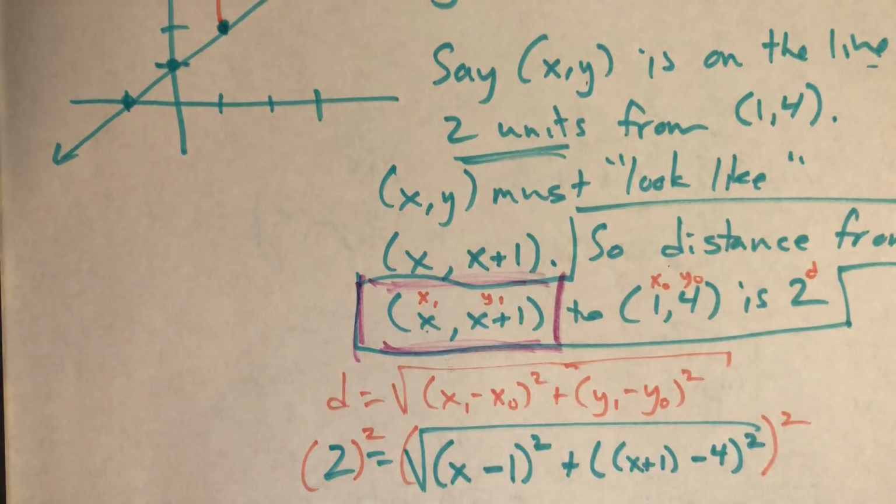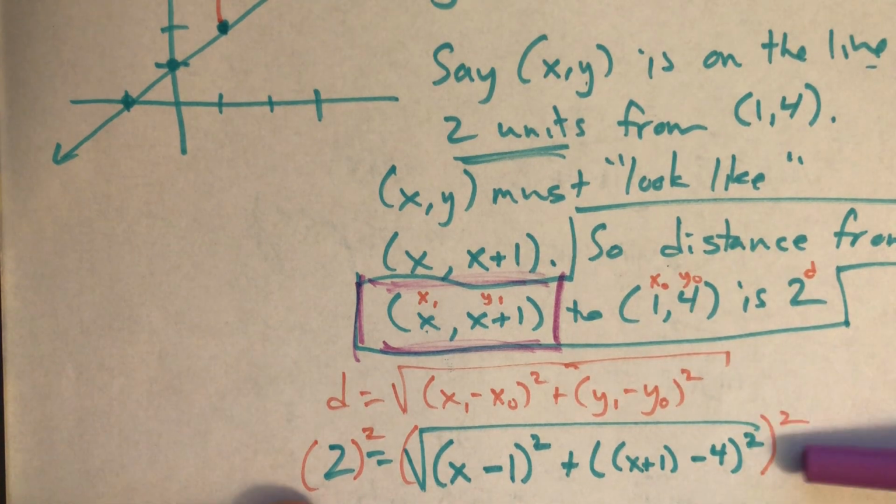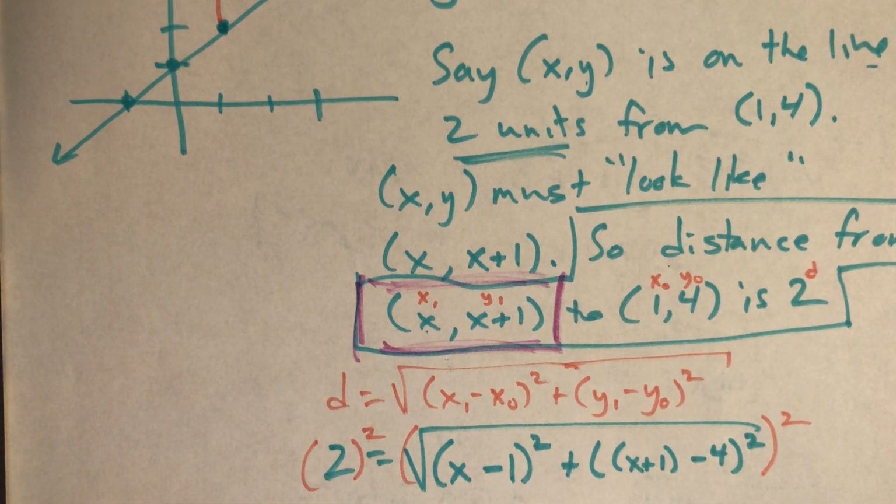We wanted to say what a general point on the line looks like so that we could start manipulating it, and we can use the nice distance formula. This is kind of like what I'm asking you to do for that problem on the worksheet. Kind of like this, but it's not exactly the same. But the idea is pretty similar. So maybe draw yourself a picture for that one and think about what's going on with that. Anyway, have a great weekend.